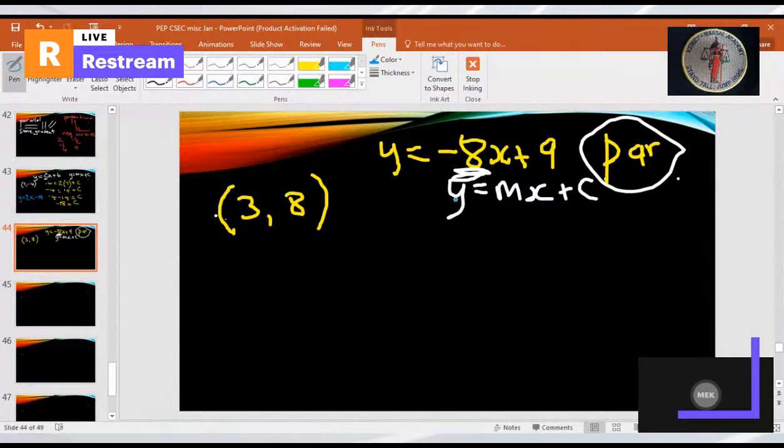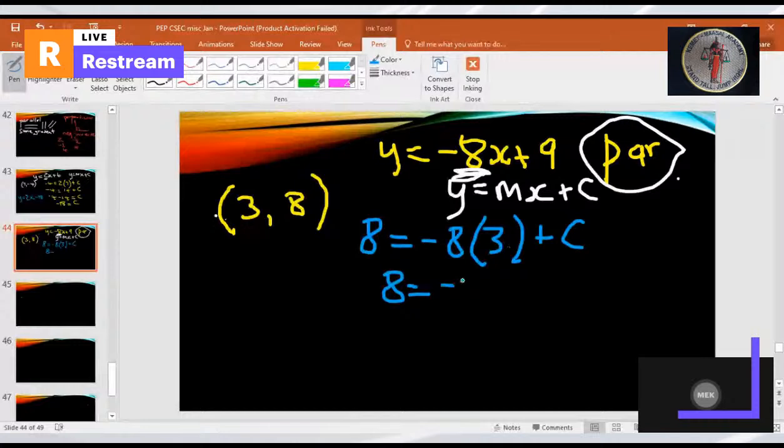So y is 8, so we're going to put 8 is equal to m, which is the gradient, -8, times x, which is 3, plus c. So this is just now a matter of algebra, working it down. So -8 times 3 is -24.